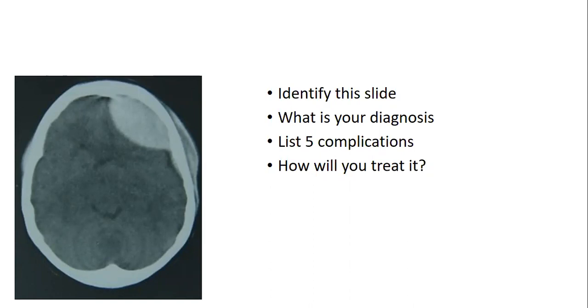Another complication could be unconsciousness. Another could be headaches. Another could be seizures. Another could be memory loss, knowing fully well that around this region is where you have the hippocampus.